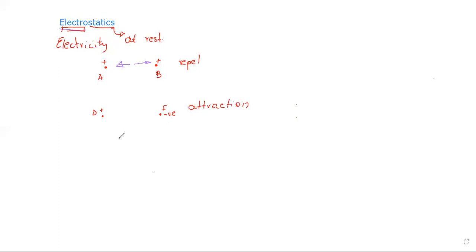Now, Coulomb found that there is a relationship between the force that the two charges experience. He said force is directly proportional to the size of charge D and F, or charge 1 and charge 2.